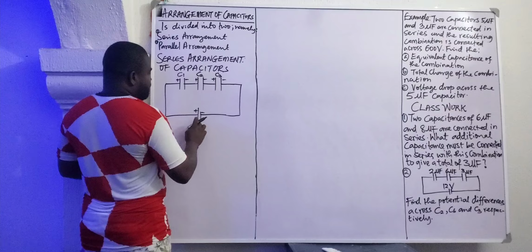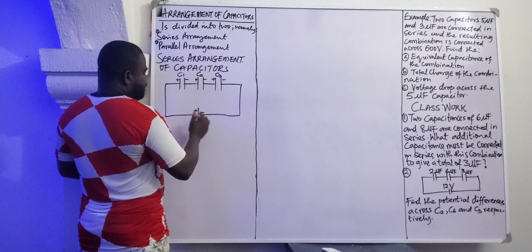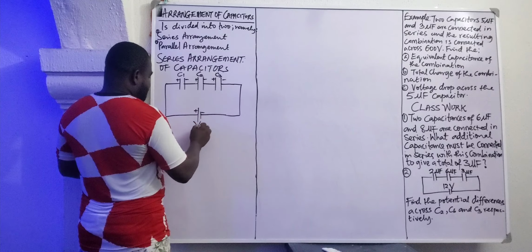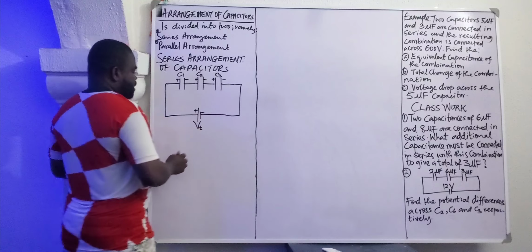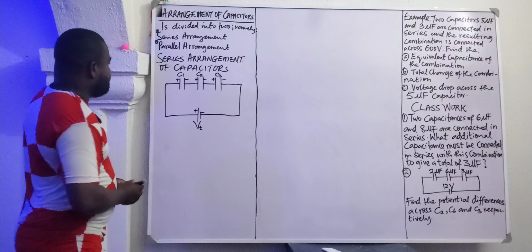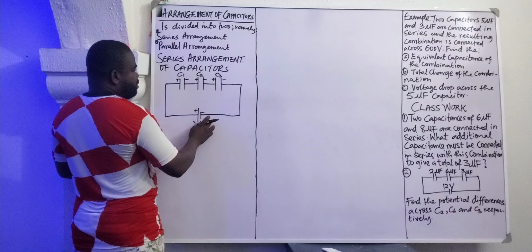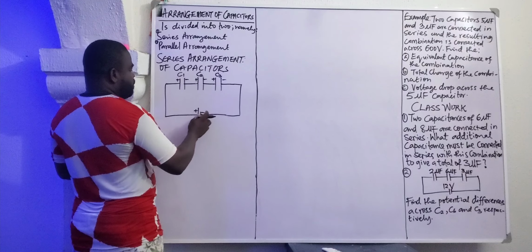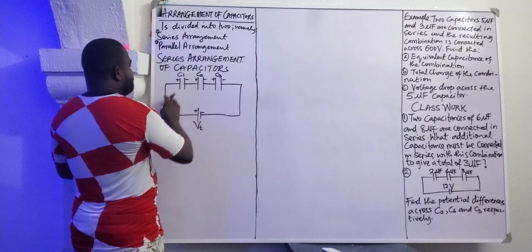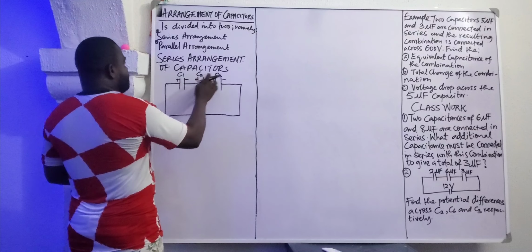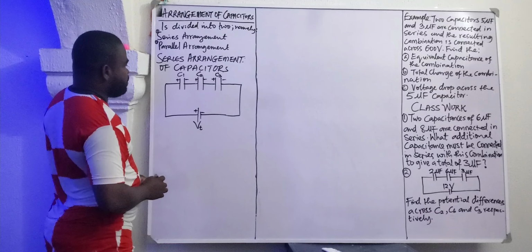Now, the voltage that will come out from this cell, let's call it V. That's the total voltage or equivalent voltage. Now, once this battery is connected across the capacitor, charge will begin to come out of it and be stored in the respective capacitors.